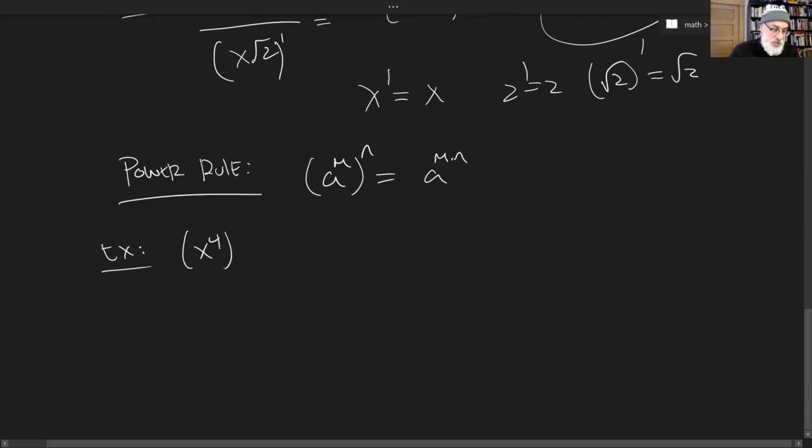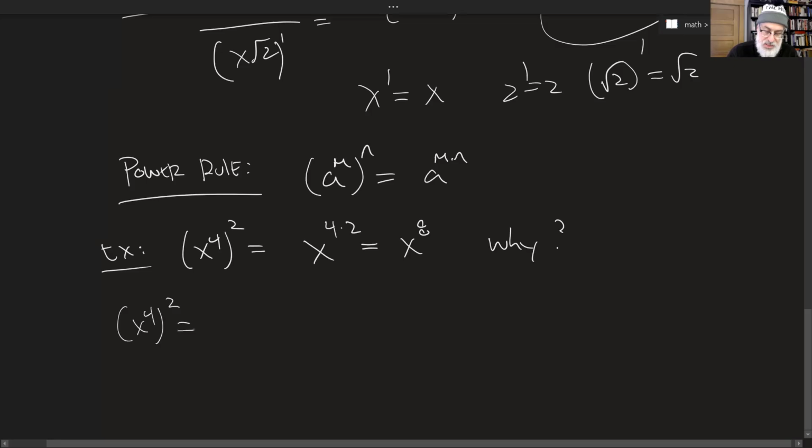So x to the fourth, squared. Now the rule just simply says that if this is the case, I multiply these and I get x to the eighth. But why? Why is this the case? Well, let's remember what a power does.